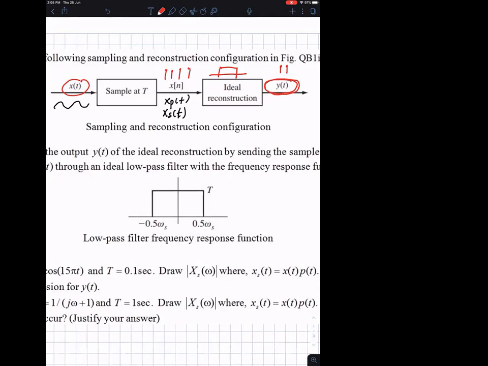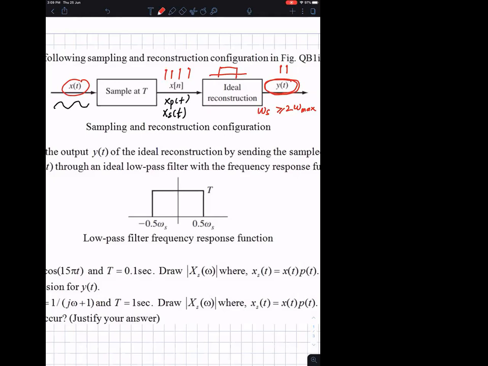Remember we learned last time, if your sampling rate, omega_s or f_s, is more than twice the signal bandwidth, then you will get the original signal without aliasing.